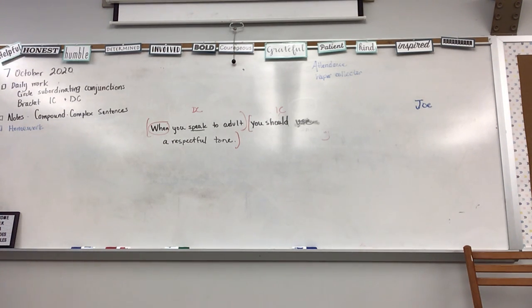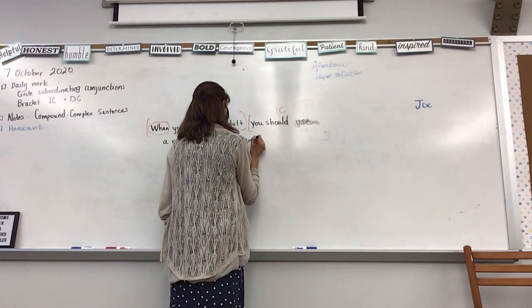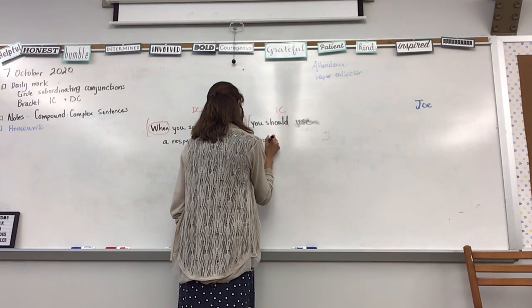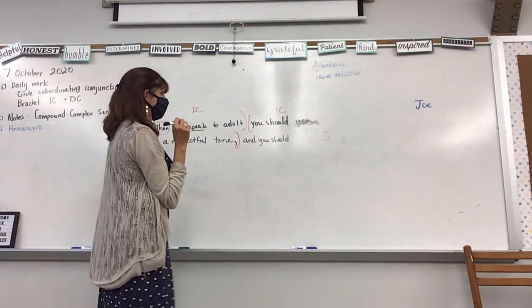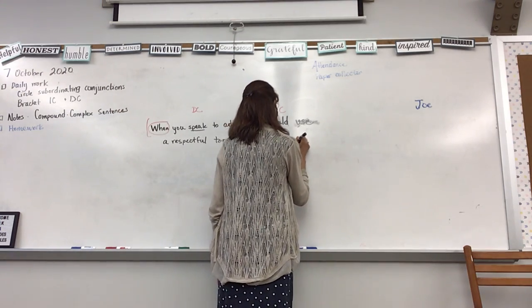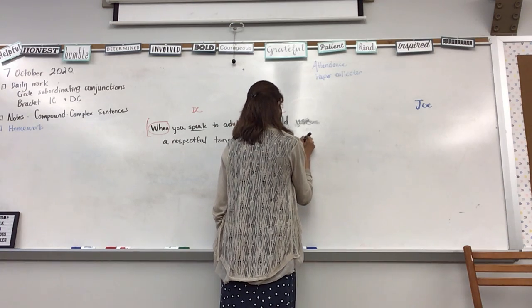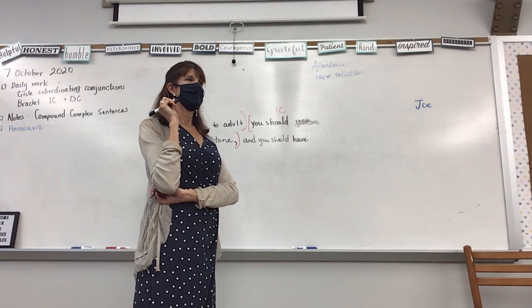You should use a respectful tone, and you should make eye contact and have good posture. And you should have good manners. Okay, what would be a word besides good? Amazing.